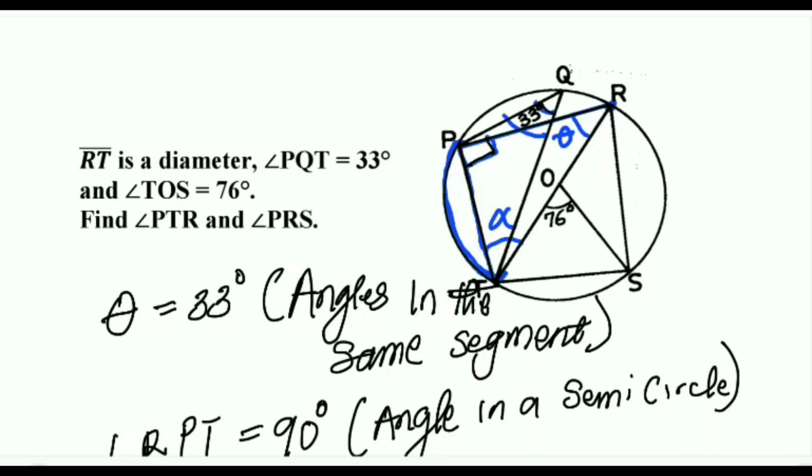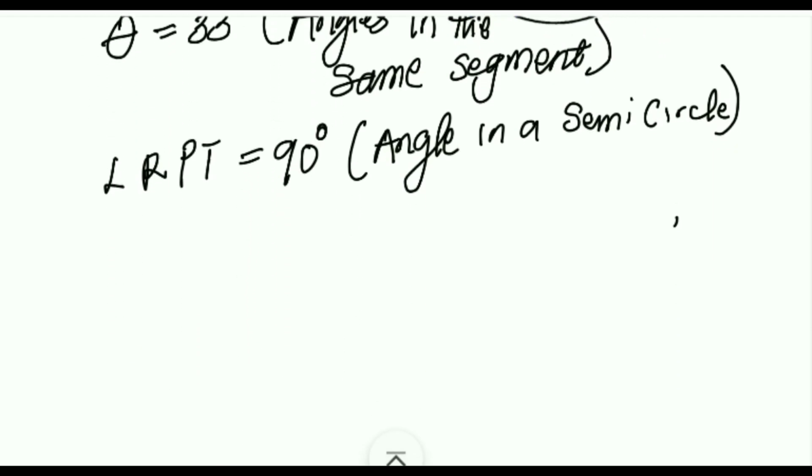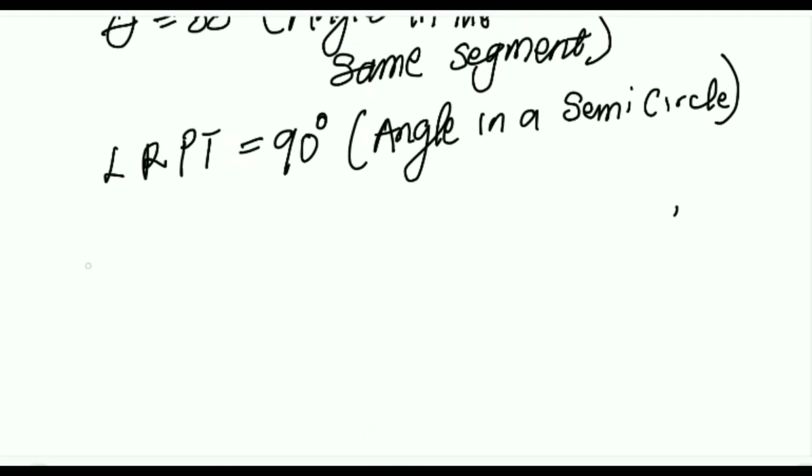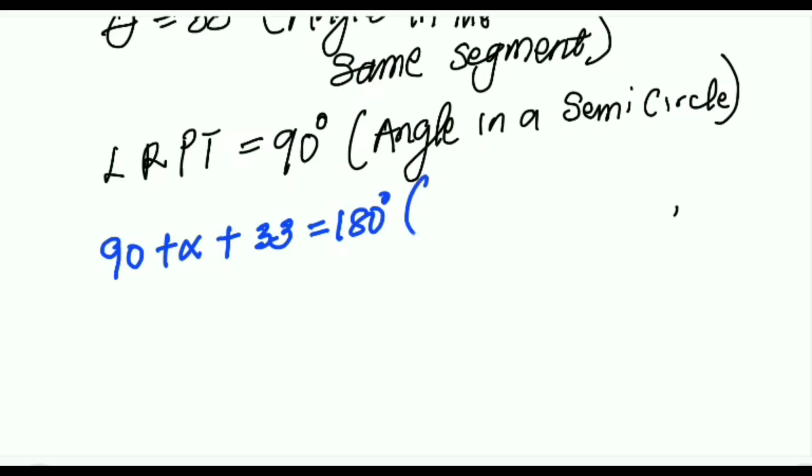The sum of angles in a triangle is equal to 180 degrees. So we have 90 plus alpha plus 33 degrees equals 180 degrees, and the reason is sum of angles in a triangle.